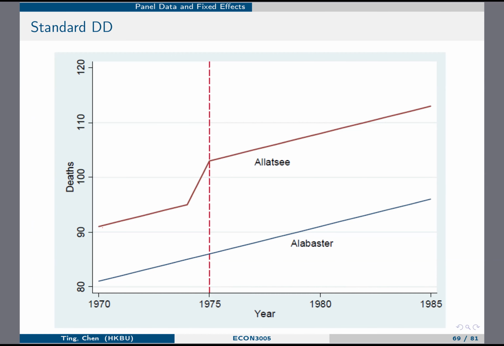But the difference: counterfactually, for this red line, without the treatment, the counterfactual outcome will be like this, right? So the difference between the counterfactual outcome and the actual outcome after the treatment will be referring to the treatment effects.